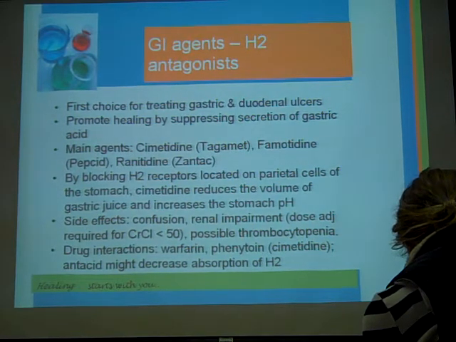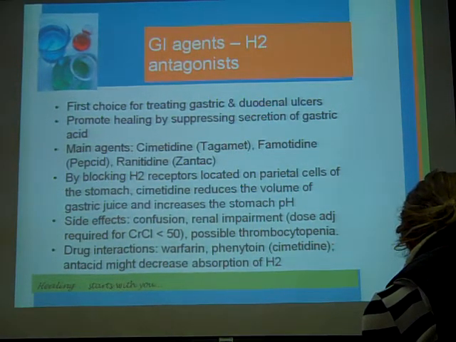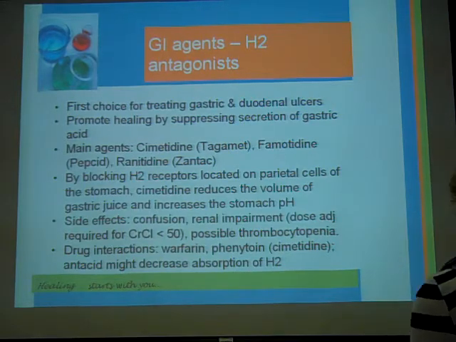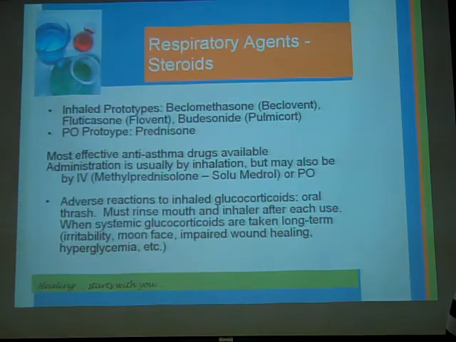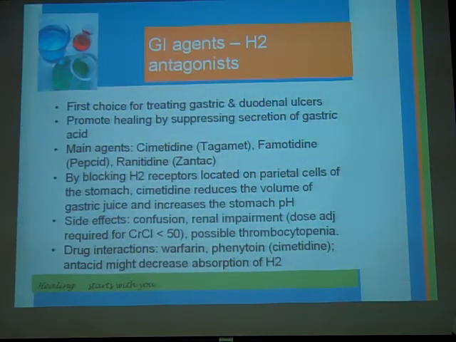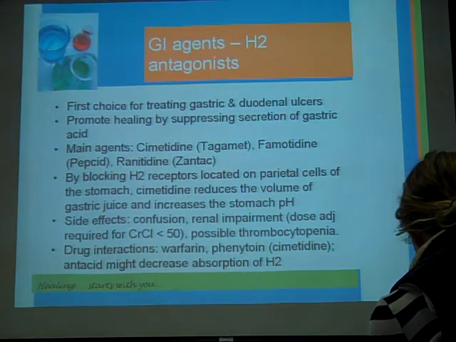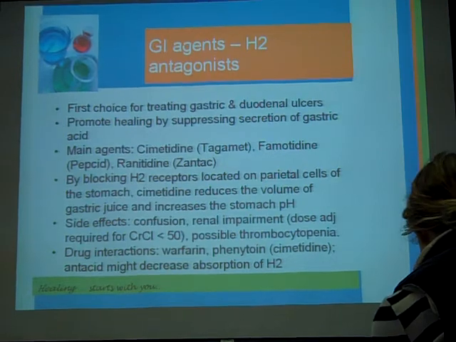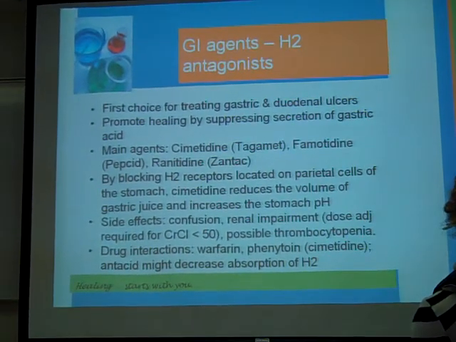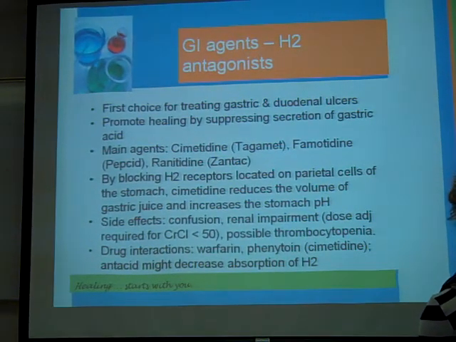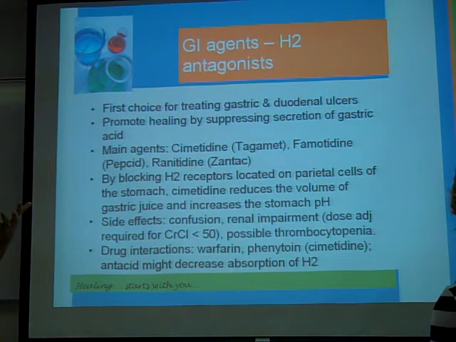Now on to the GI tract agents. So when we're stressed, like when you study for your exam or you crunch for time, your body automatically reacts to it by producing more acid in the stomach. And same for those patients who have surgeries, patients who have accidents, car accidents, or some sort of trauma.